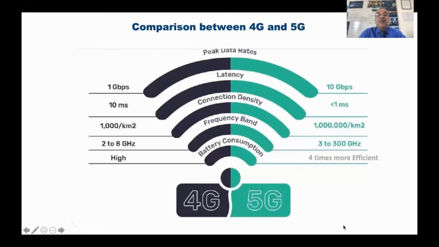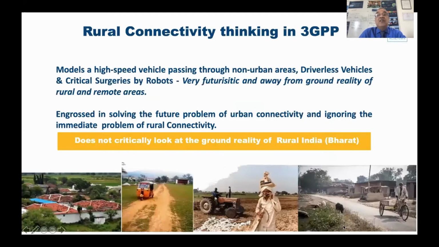Same thing has happened to latency. Latency was up to 10 millisecond, and now we are talking of less than 1 millisecond. And then, of course, connection density, frequency, bandwidth consumption. So everything, there is a quantum jump when we move from 4G to 5G.